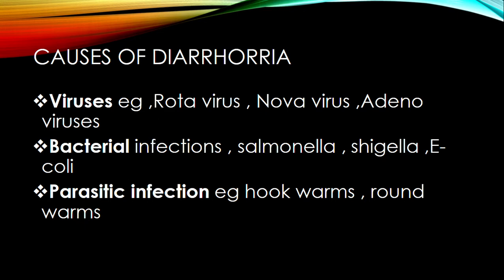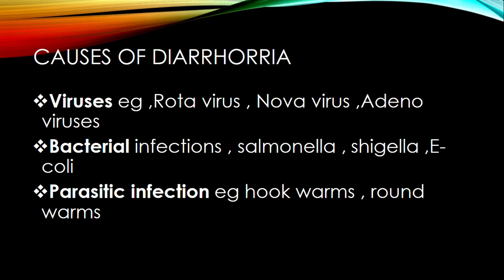What can cause diarrhea? Viruses such as the rotavirus, the norovirus, or the adenoviruses can cause gastroenteritis. That is why children are immunized against the rotavirus. This is because we want to prevent the children from having gastroenteritis caused by the rotavirus.